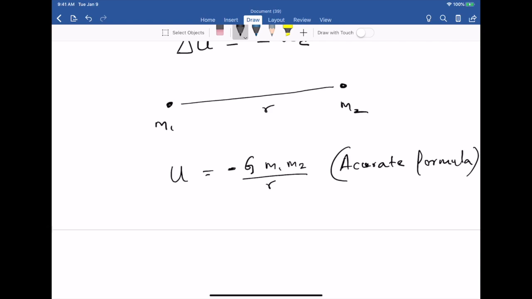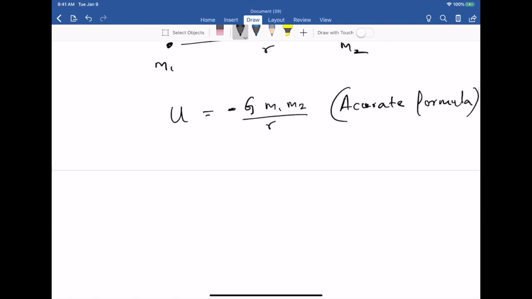Or in other words, suppose I have the Earth with mass capital M. Where can I place a mass little m such that its gravitational potential energy would be zero, right?